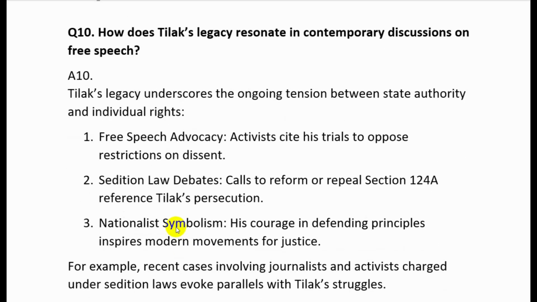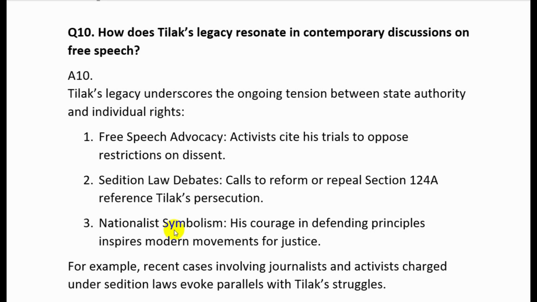Next, how does Tilak's legacy resonate in contemporary discussions on free speech? Tilak's legacy underscores the ongoing tension between state authority and individual rights. First is free speech advocacy. Activists cite his trials to oppose restrictions on dissent.